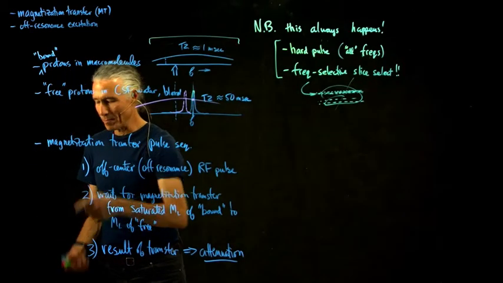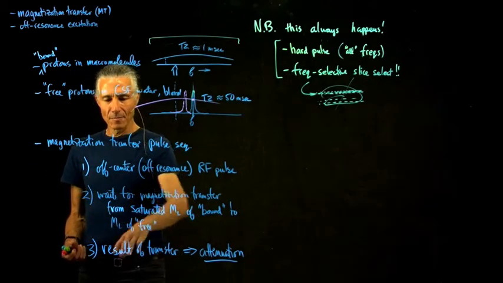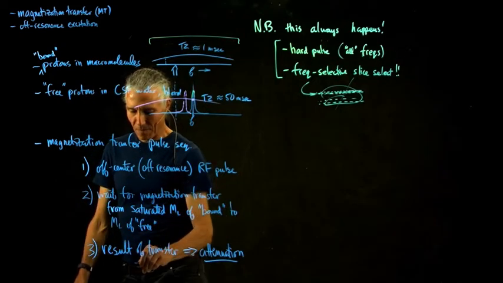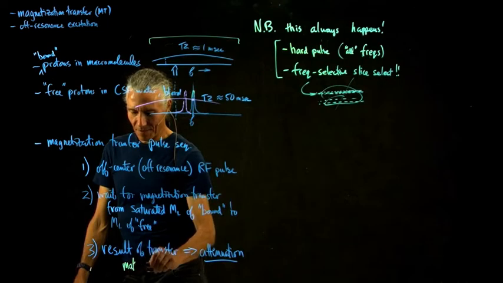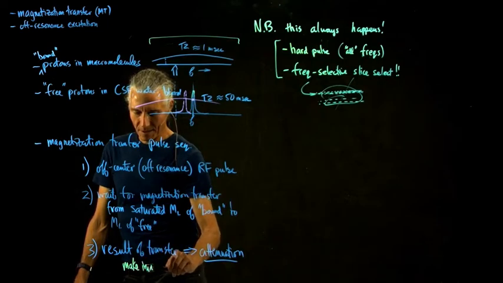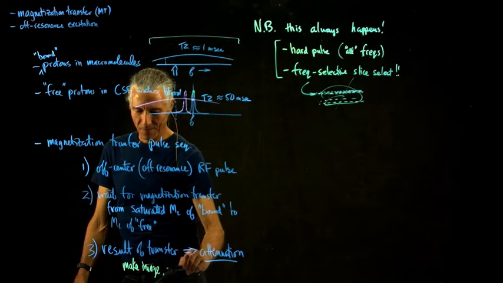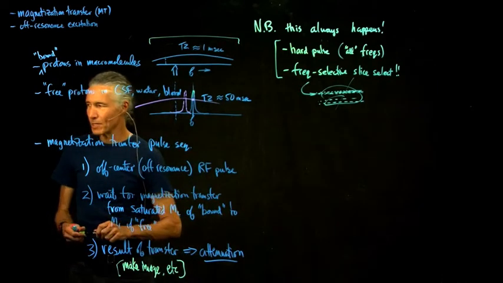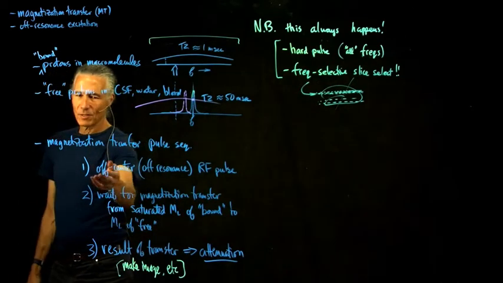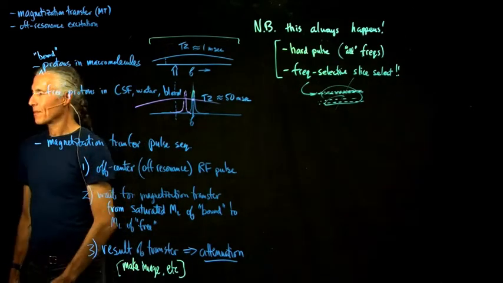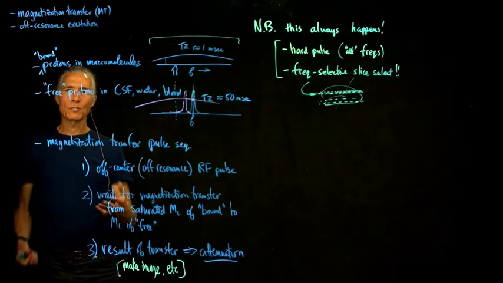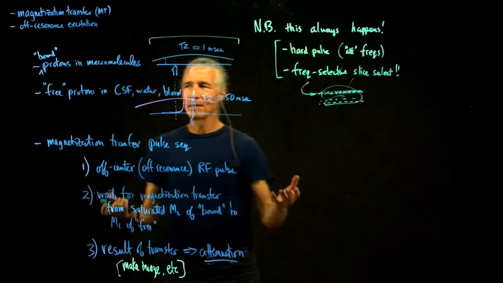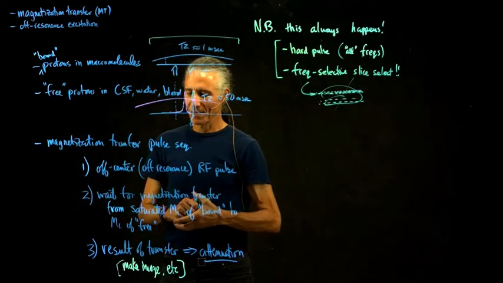All you got to do is just add one pulse, because pretty much this part is make image, etc. So here we just do all the stuff that we do to make an image. The only difference is you just have to stick in another pulse. The trick is just sticking in an off-center pulse. So you stick in an off-center pulse, and then you've got a magnetization transfer scan.